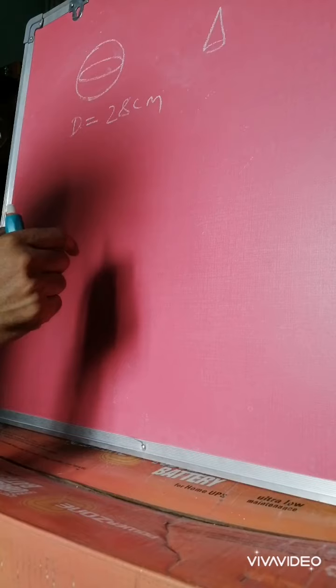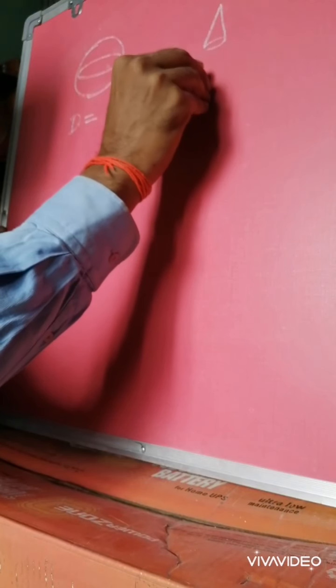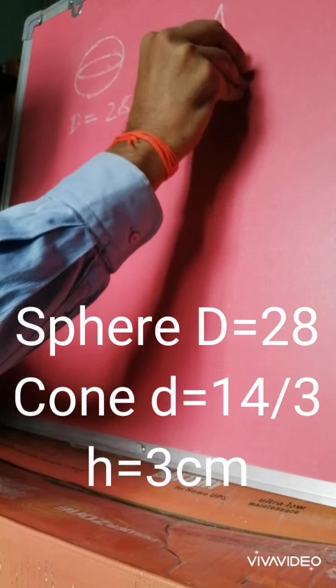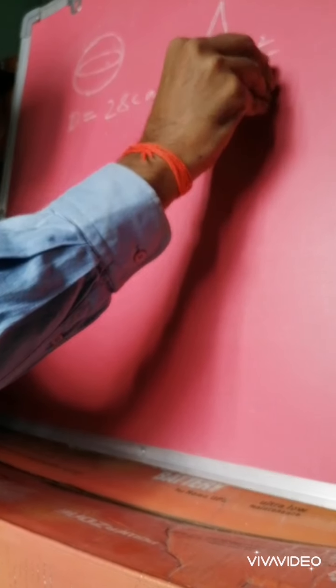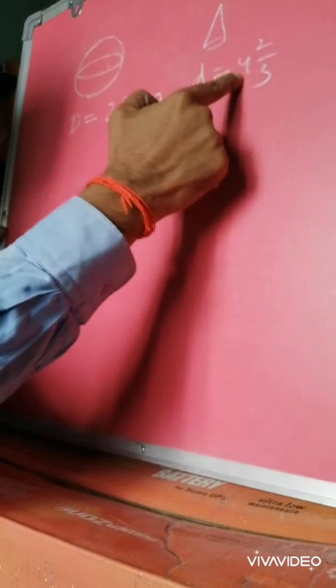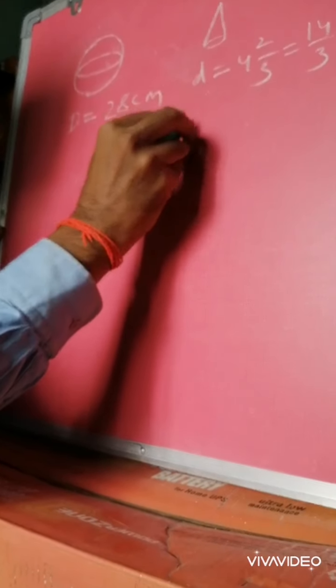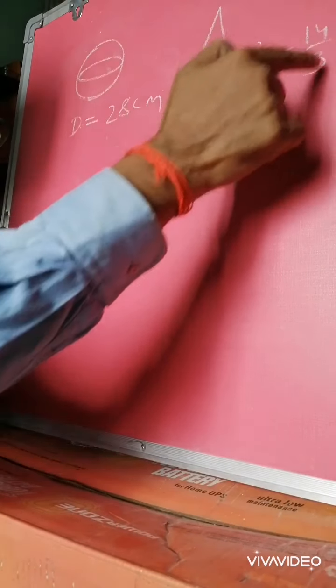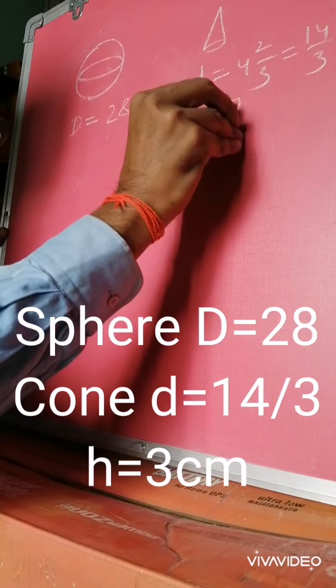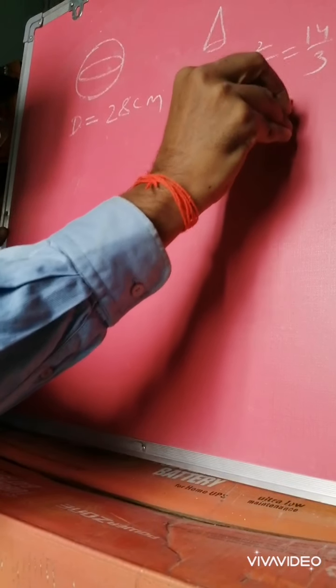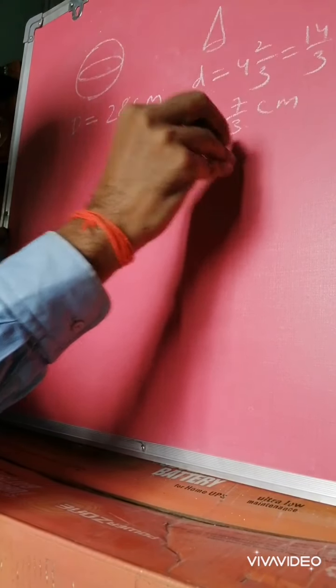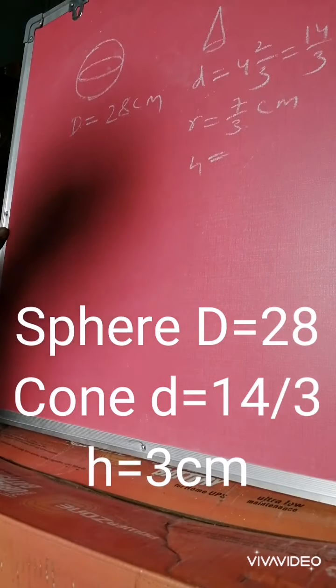For the small cone, diameter is given as 4 and 2 by 3, that is 3 4s are 12 plus 2, 14 by 3. So its radius will be half of that, 7 by 3 cm. And the height of the cone is also given as 3 cm.